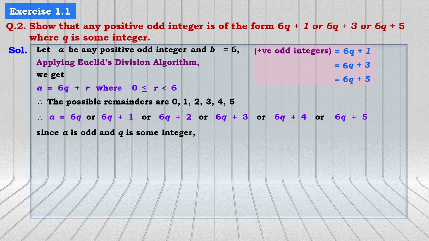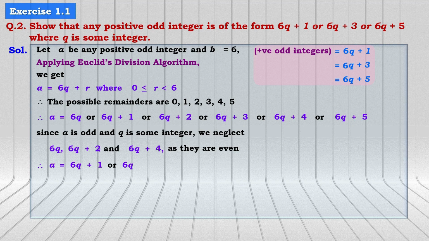Since a is odd, we have to neglect the even numbers. So 6q, 6q plus 2 and 6q plus 4 we have to neglect, as they are even. So a will be the rest of the numbers, that is 6q plus 1, 6q plus 3 and 6q plus 5.